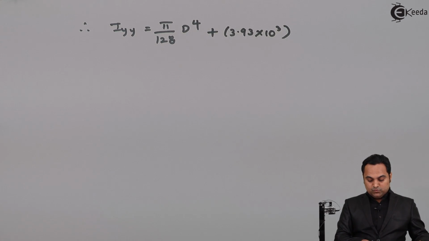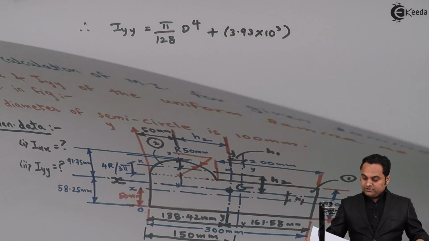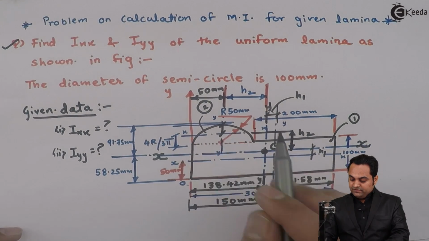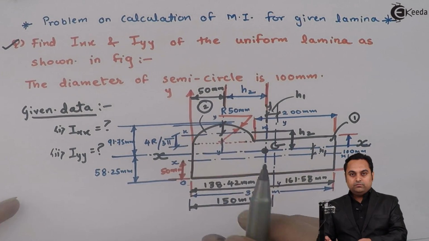Next, h2 is clearly visible, it is 138.42 minus 50.